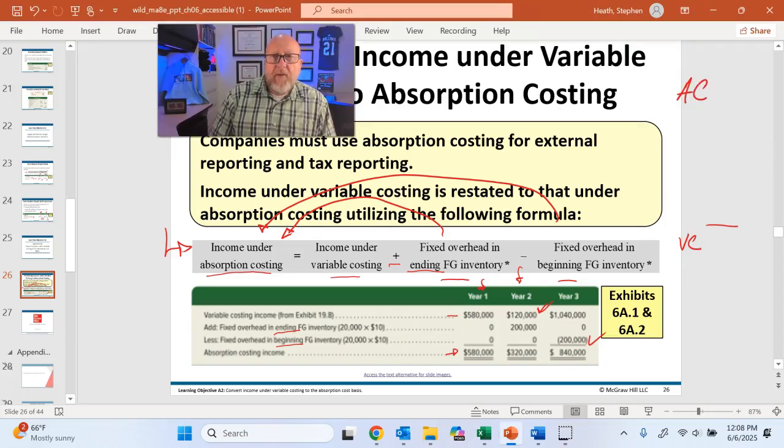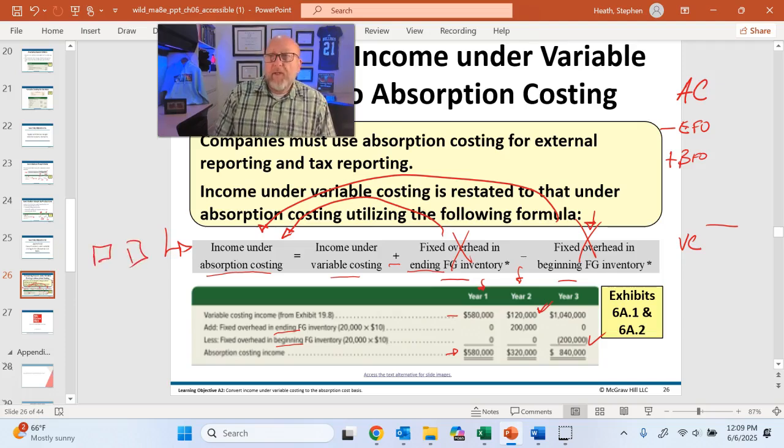And then if I want to get rid of fixed overhead and it's an addition over here, then I'm going to subtract ending fixed overhead from both sides. And then I am going to add beginning fixed overhead. And that will cancel that out, and it'll cancel that out, and it'll move them over here.